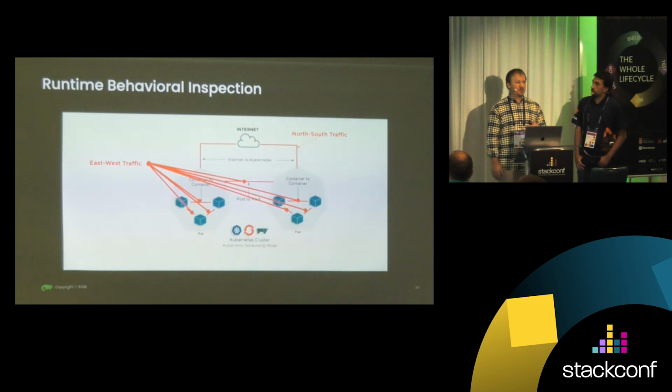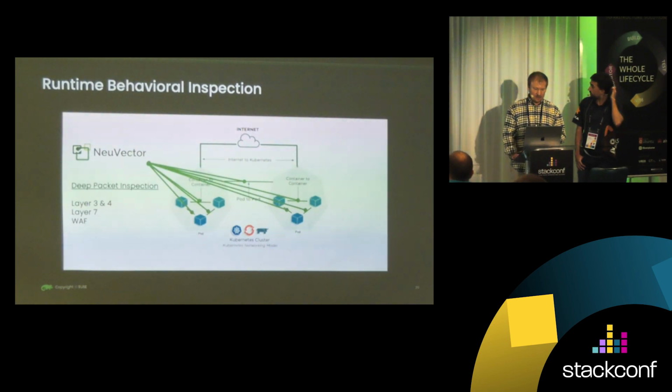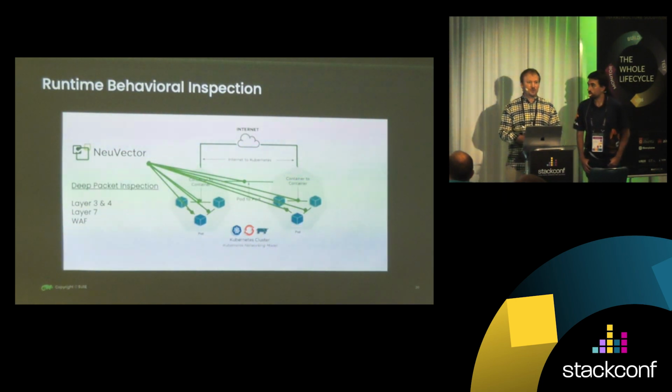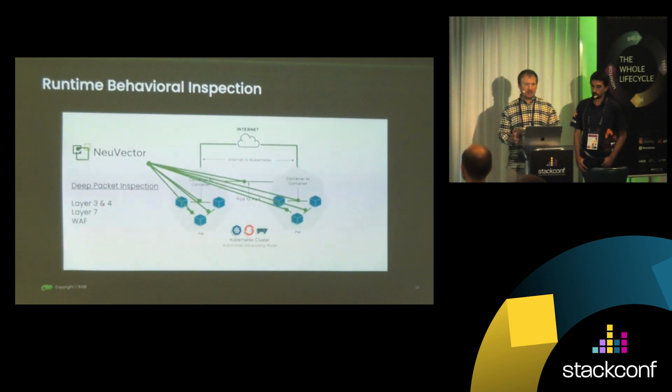In Kubernetes, that's typically via the ingress or outgoing connections from your containers to some targets outside of the cluster. With NeuVector, we are able to understand the complete traffic of the containers. That also includes containers that use a service mesh, so we can even understand what kind of protocols the containers are talking there.